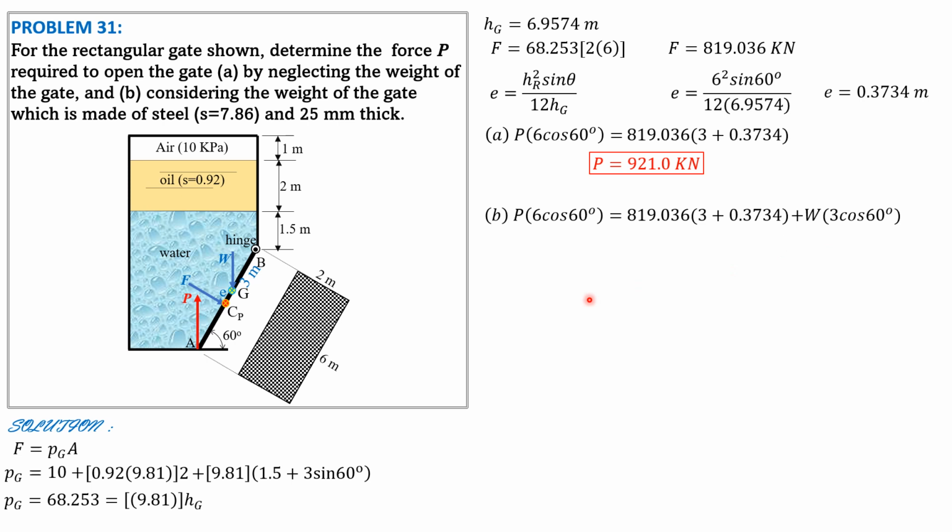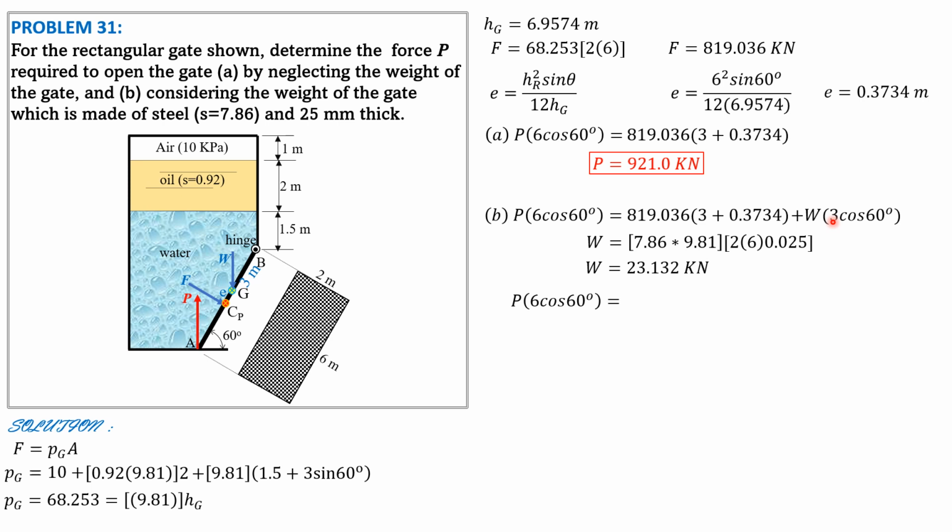So solving for W, that's our working equation. W is specific weight of steel, 7.86 times 9.81, times volume of steel, area of the gate times thickness of the gate. So 2 times 6 times 0.025. So W equals 23.132 kilonewtons. Then substitute into this equation.